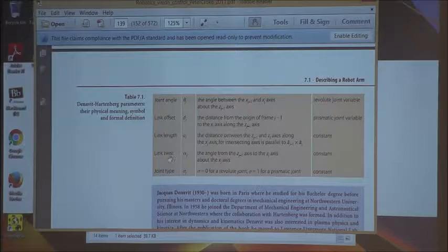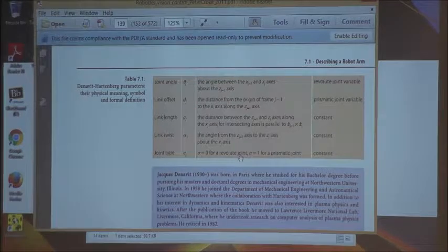Then finally you have link twist, alpha j, the angle from the z j minus 1 axis to the z j axis about the x j axis. That's the last transformation, I should say.